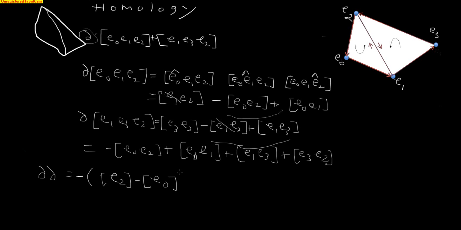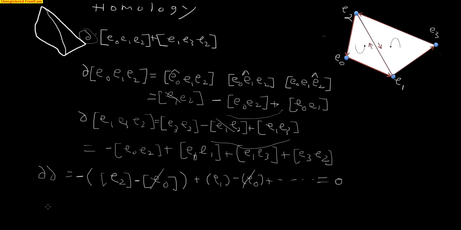So that's minus that. And then we continue, we drop this one, we get E1, minus, we drop that one, but with a minus sign, and we get E0, and we continue. And if we do all this and then look at the cancellation, you have minus E0, you have minus E0, but you have a minus here, so that's plus. Therefore, this cancels with this, and so on. We will see everything actually pairs up, and we end up with 0.